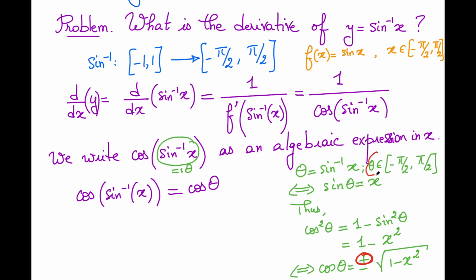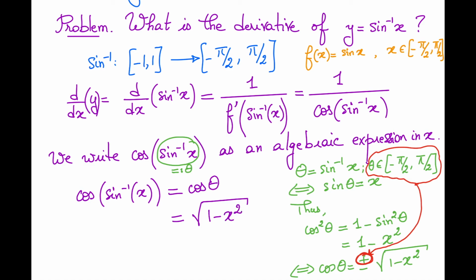Okay, so I'm using this part over here. Very good. So cosine theta then is this. Let's finish that business. That's equal to the square root of 1 minus x squared.